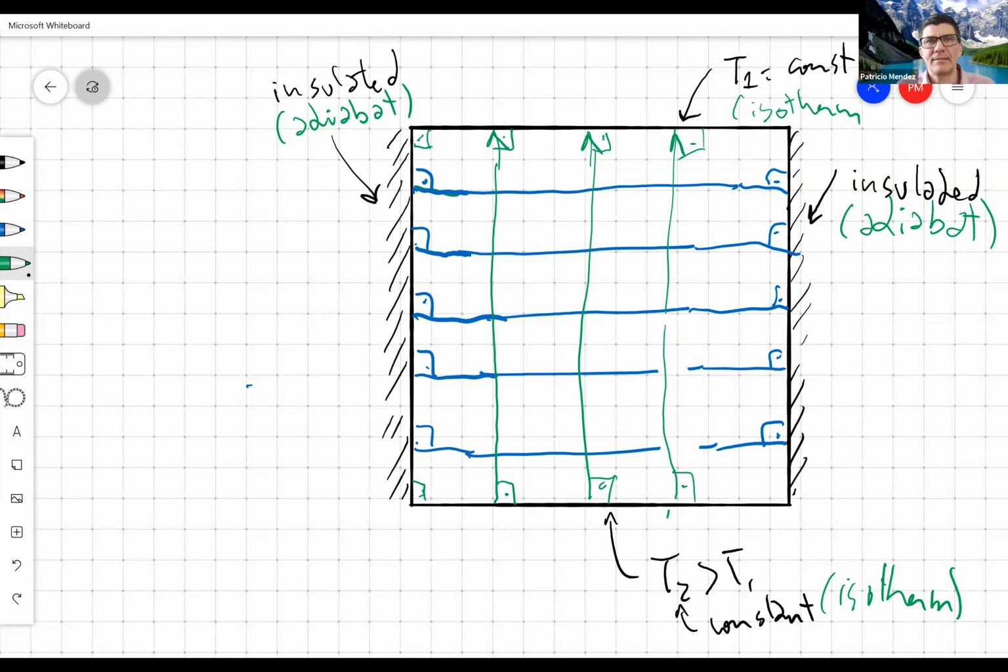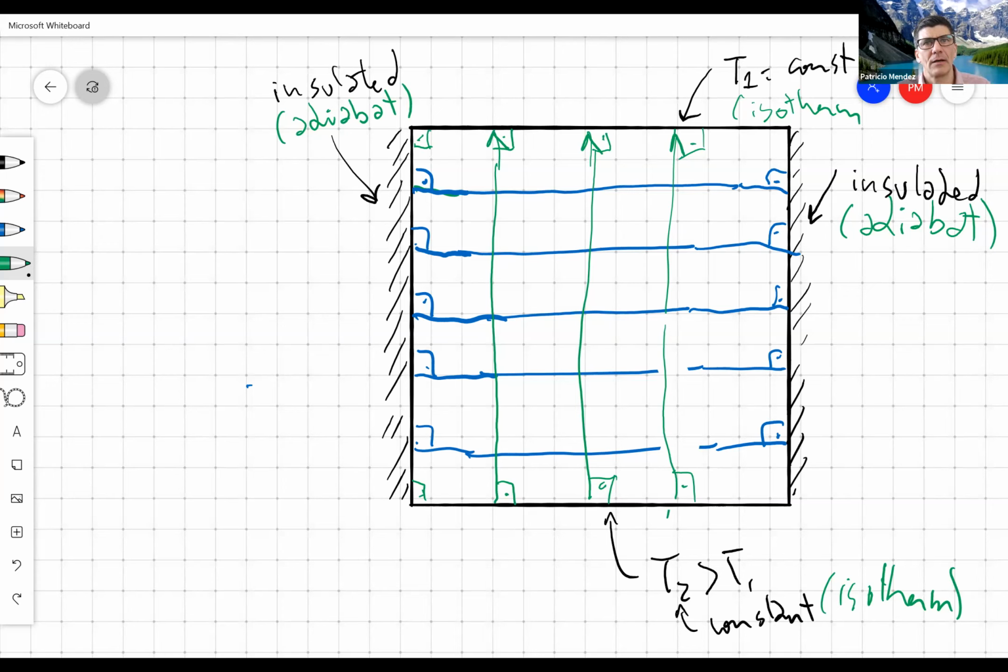Doing this type of analysis, it is even possible to make estimates of heat transfer by conduction in very complex geometries. If you take a look at the book, if you have the online version of the book, you're going to see it has a special supplement for this that is not in the paper version of the book.